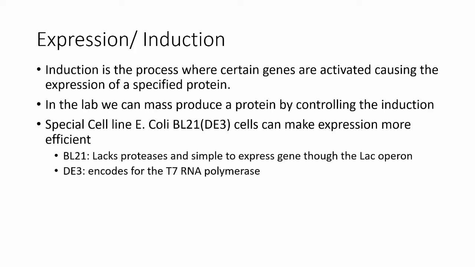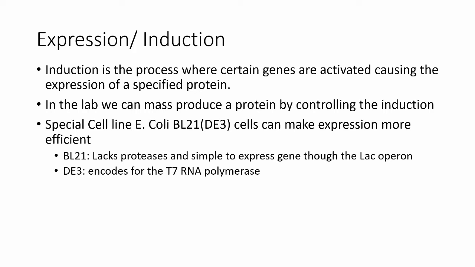To do this, we're going to utilize a very special strain of E. coli cells. These are E. coli BL21 DE3 cells. I briefly mentioned this last week, but what this cell line is, they're still E. coli cells, but they've been manipulated to do something slightly different than normal E. coli cells.